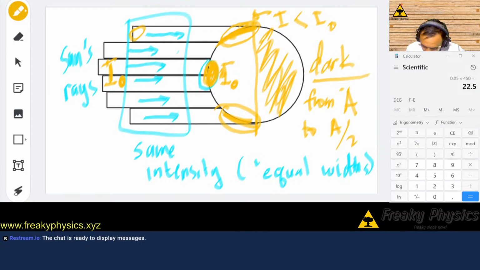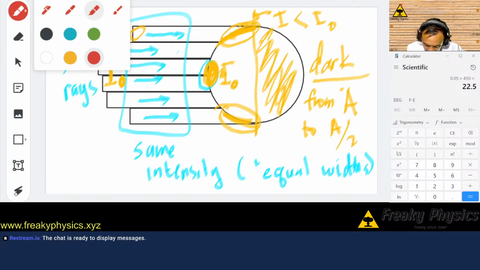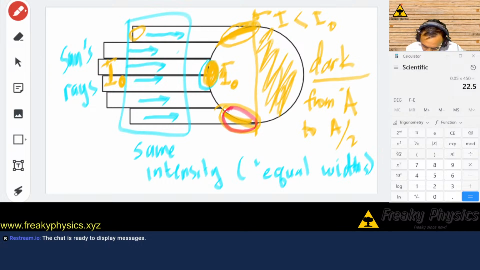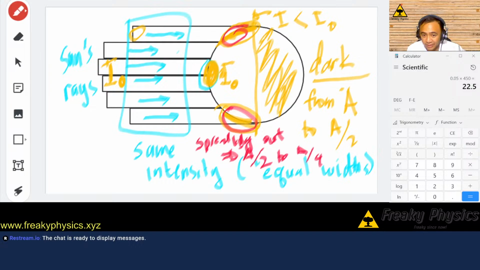And then this spreading out takes it from half of A to half of that again, or A over 4. That's why we only use 1/4 of the area of the sphere, whether it's the Earth, the Moon, or whatever, when it's absorbing radiation. So this is more or less the reason.